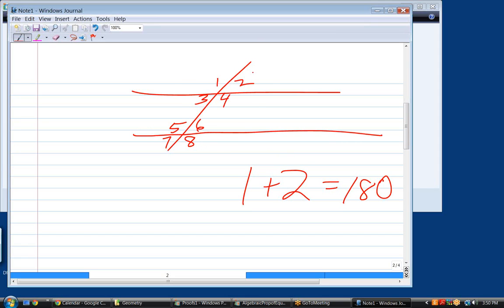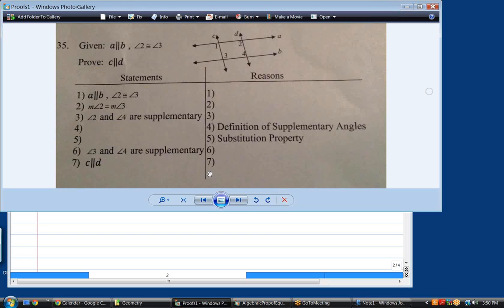But if you're comparing one of those angles up there to one of these angles down there, and you find them equivalent, then you can state that those are parallel. That's basically the last step here, is that they're trying to prove that C is parallel to D, and the reason is the corollary about parallel lines and angles, which you haven't learned yet.